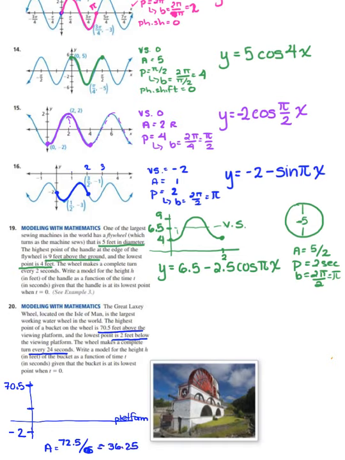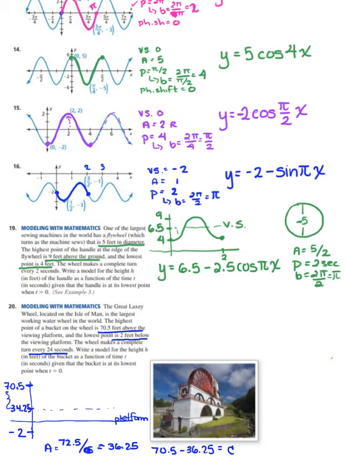Now, where does that put me? That's our amplitude, the 36.25. So I'm taking 70.5 and subtracting 36.25, and that's going to give me my new sinusoidal axis, 34.25.